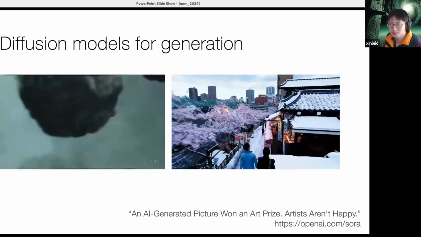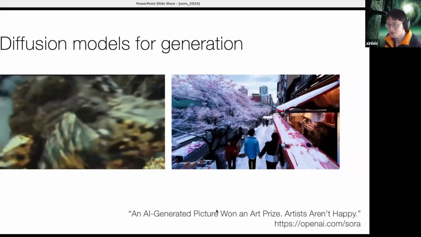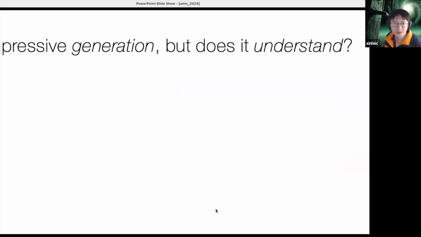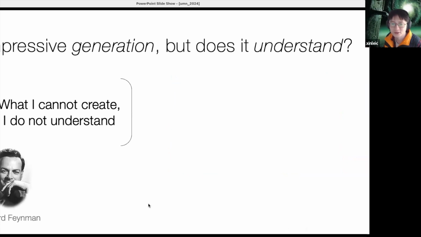We all know that diffusion models work well, and this works well for image generation. But in our work, we want to see how much it understands images. There is a famous quote from Richard Feynman that if he cannot create things, that means he cannot understand things.